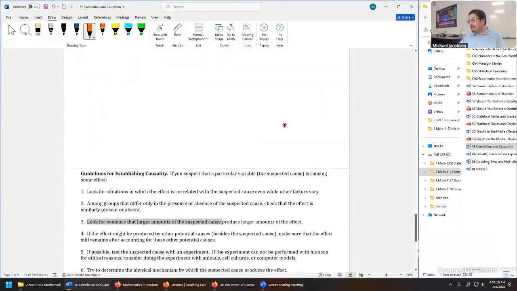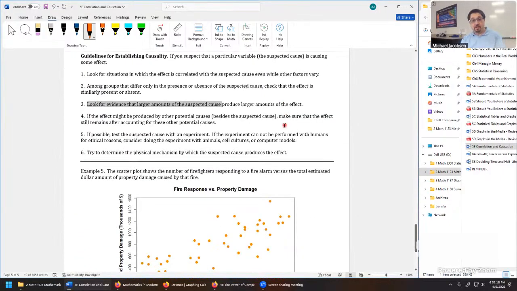So these guidelines are helpful, but they're not enough to prove causality. That takes a gigantic amount of work.